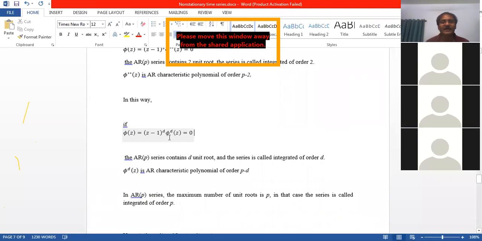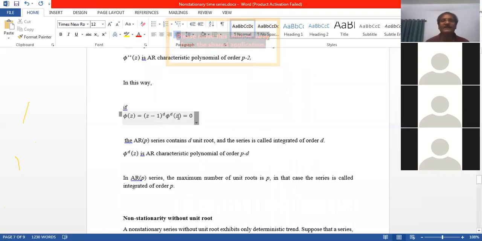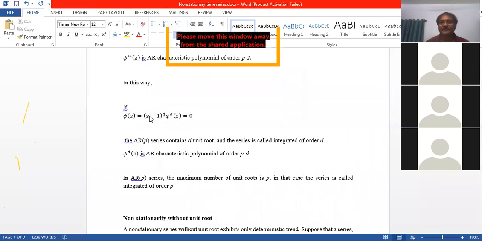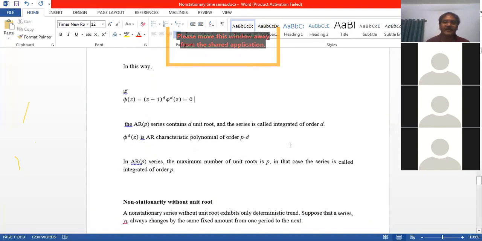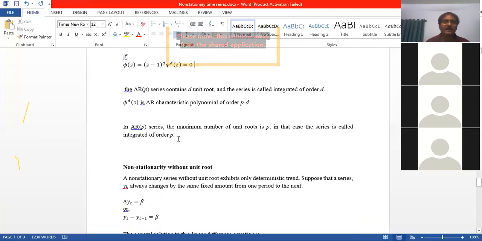So if you can express the polynomial function in this way, the ARP will contain d unit roots, because here z minus 1 whole to the power d, by solving it, you get d number of roots z equal to 1. So here the ARP contains d unit roots, and in this case it is called integrated of order d. Okay. So this is about non-stationarity with unit root.